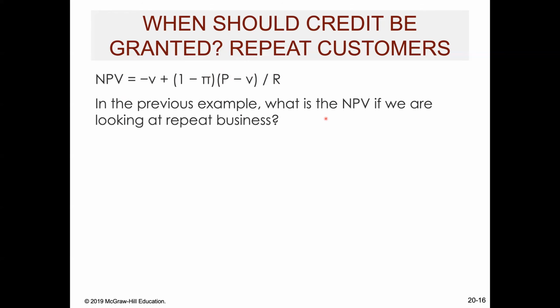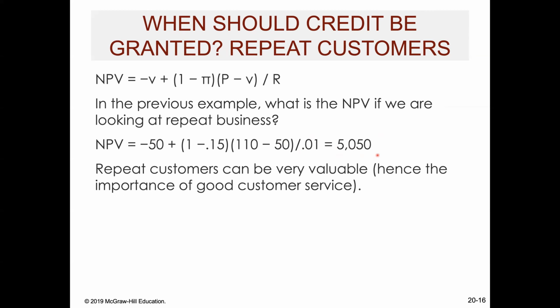So in the previous example, what is the NPV if we are looking at repeat business? So in this case, we'll plug in the minus 50, 1 minus 0.15, 110 minus 50 divided by 0.01. So the net present value for this is $5,050. And that's significant as we consider the value of a repeat customer.